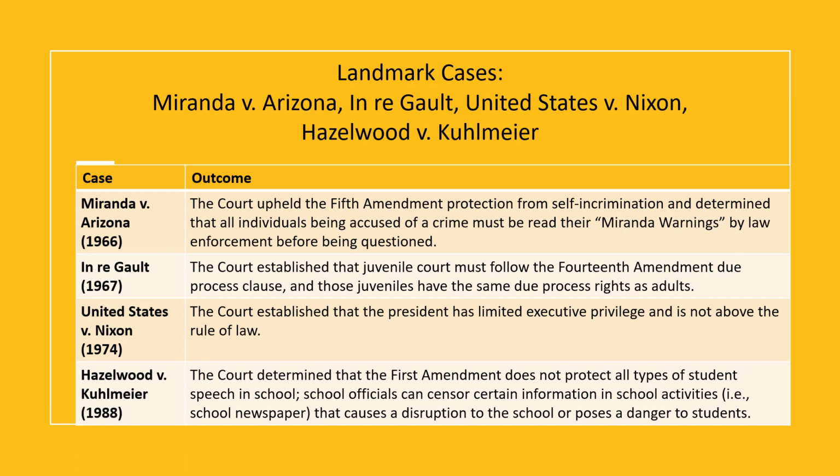And in this particular case, in a unanimous decision, the U.S. Supreme Court decided that no one is above the law and that the president was not entitled to limited executive privilege such that he could withhold information and materials from the court that the court demanded.